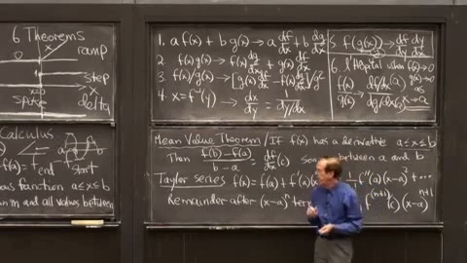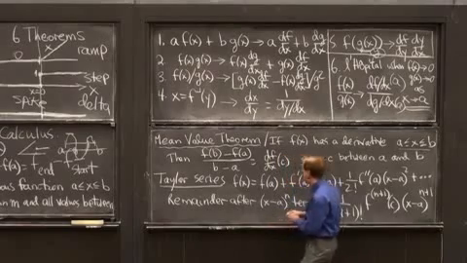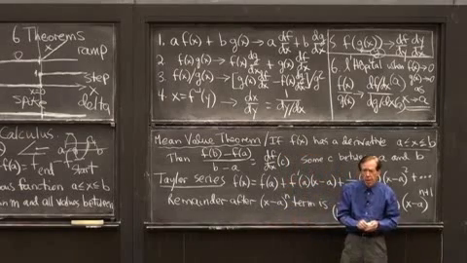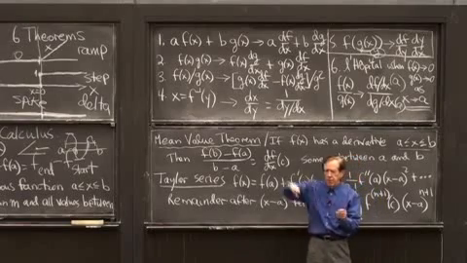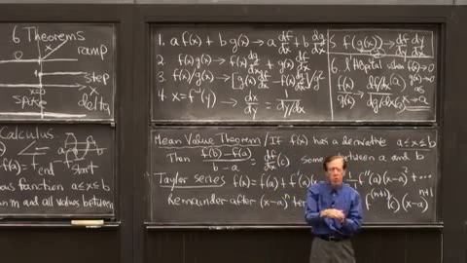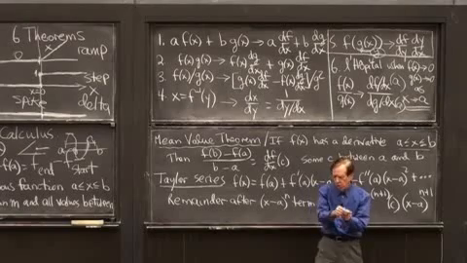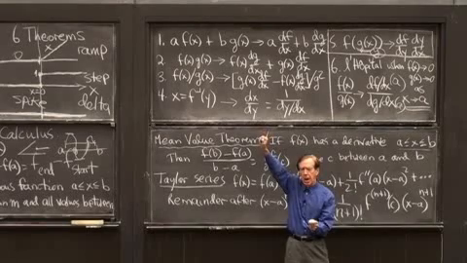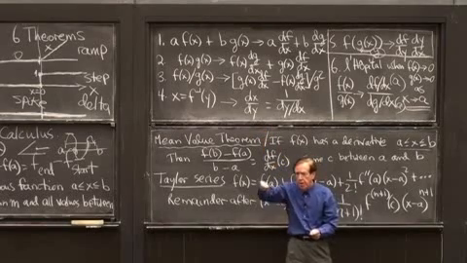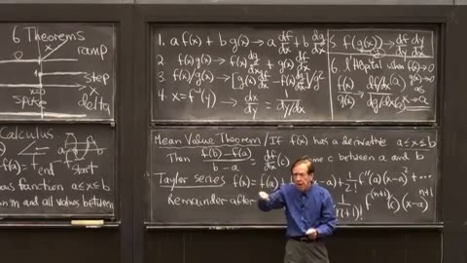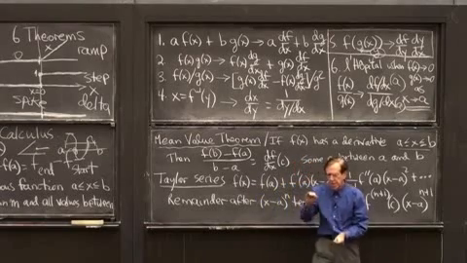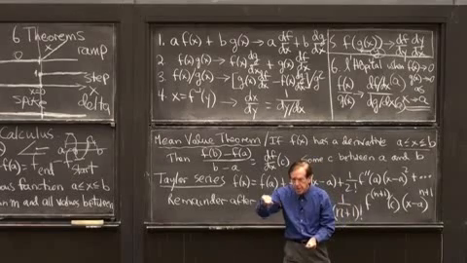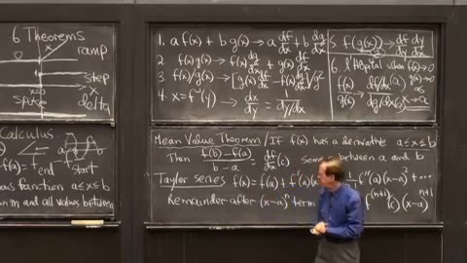Or you could say, if you prefer slope, suppose the average slope, the up over across, is 10. So in the time across, you eventually got up 10. Then there will be some point when your climbing rate was 10. There'll be some point when that instant slope is also 10.